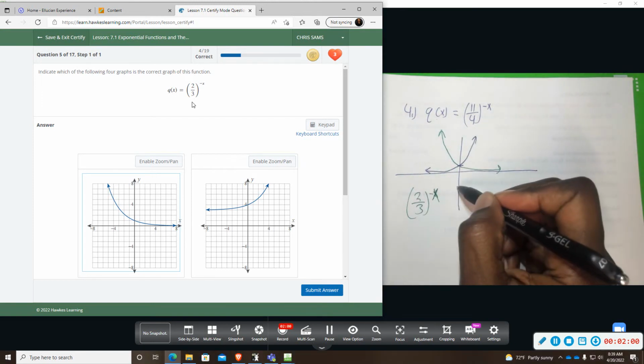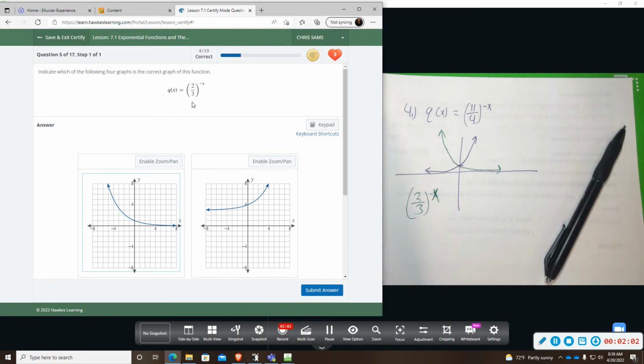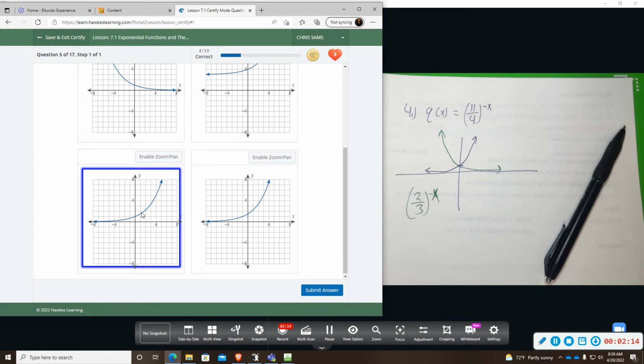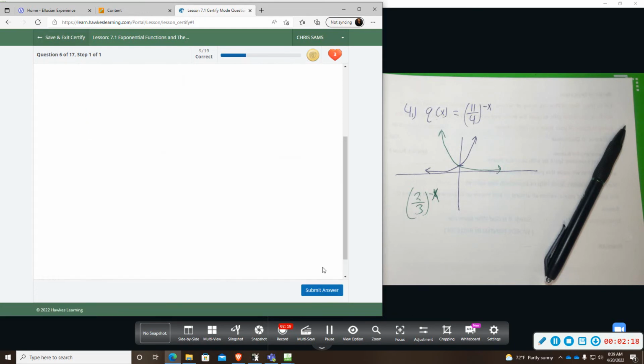Again, no horizontal shift, no vertical shift, so it should still go through the point 1, 0. So it was decay, but now the negative flips it to be growth. And this one down here in the bottom left is that.